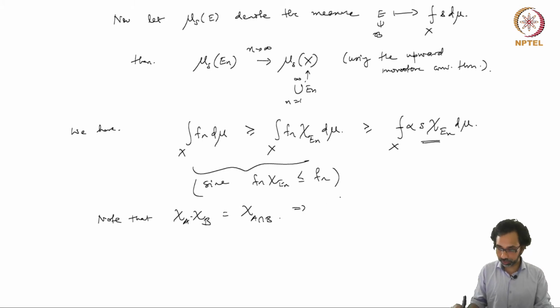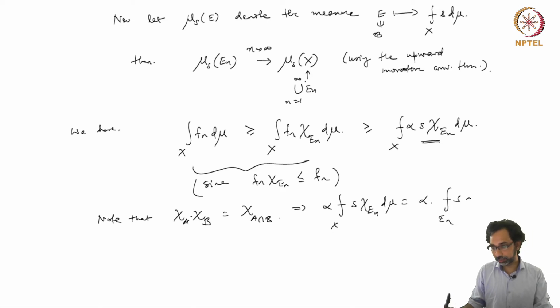So the integral of alpha s chi_{E_n} over X d mu is nothing but alpha times the simple integral of s over the set E_n, because when you consider the simple integral over a measurable set, you just take intersections.